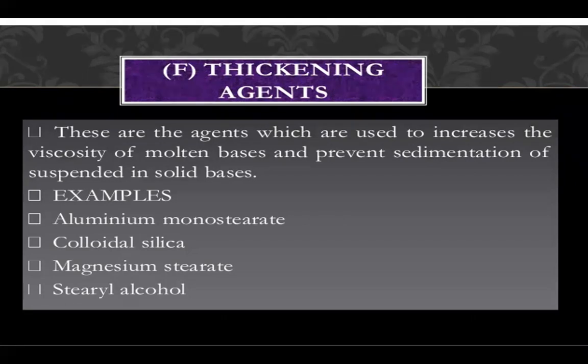Thickening agents are also needed for these suppositories. These are the agents used to increase the viscosity of molten bases and prevent sedimentation of suspended solids in the bases. Examples are aluminum stearate, colloidal silica, magnesium stearate, and stearyl alcohol.